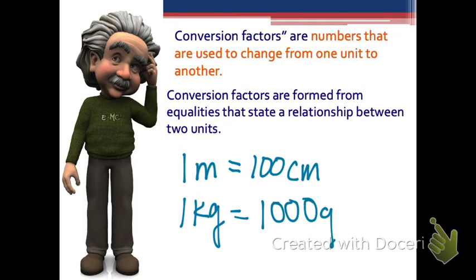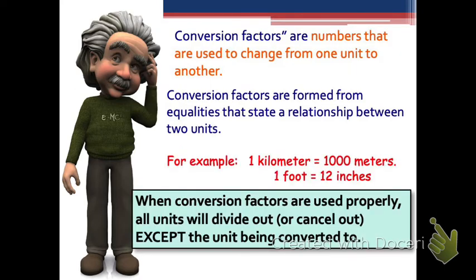They're the numbers that allow us to do the problem or to make the change, okay? So when we have to do unit conversions, we've got to know some of these different conversion factors. And so that chart I gave you with all of the metric prefixes, that'll be something that we use to help us do these unit conversions because it tells us a lot of these conversion factors.